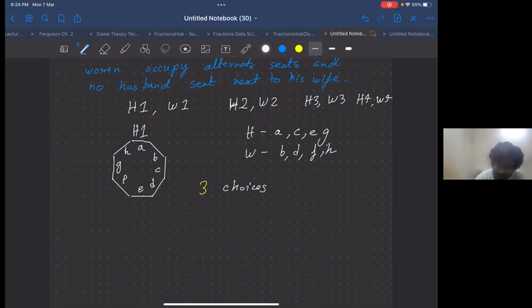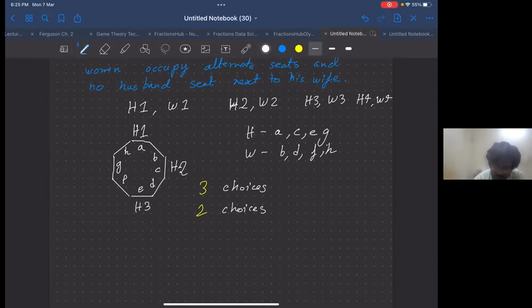Now without loss of generality, let's say we put H2 here. Similarly, for the left of H2, position E, we have two choices. And without loss of generality, again H3 is placed.